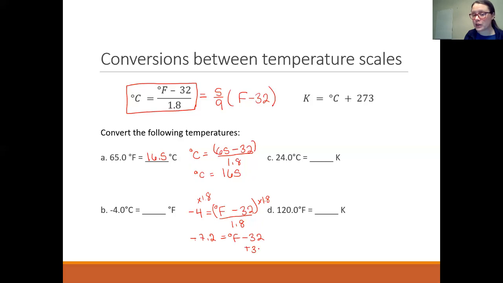Add 32 to both sides. Remember, we're always doing the opposite thing. Add 32 to both sides, and the degrees Fahrenheit is equal to 24.8 degrees. Okay. So 24.8 degrees Fahrenheit.